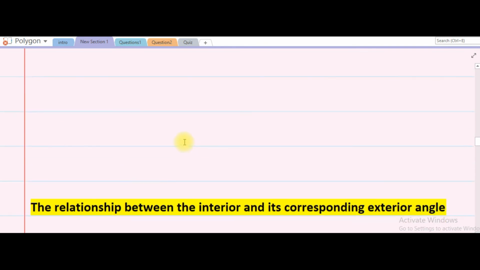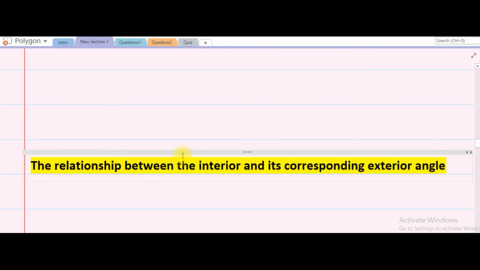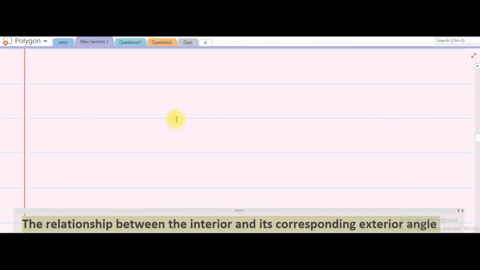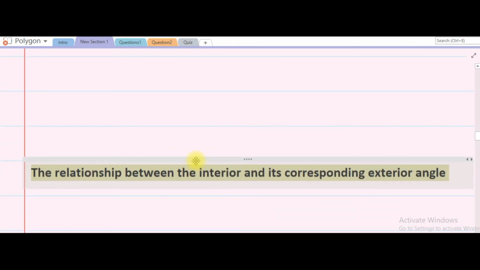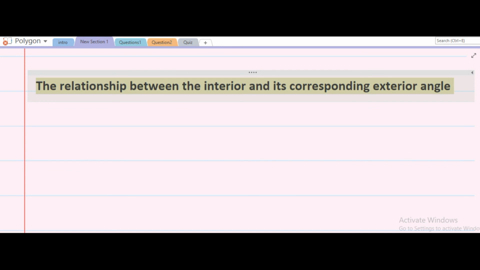The next subheading here is the relationship between the interior angle and its corresponding exterior angle of a polygon. We note there is a very important relationship here.